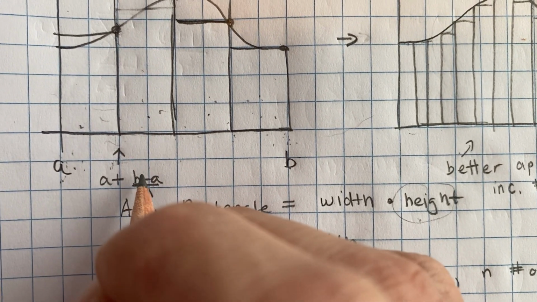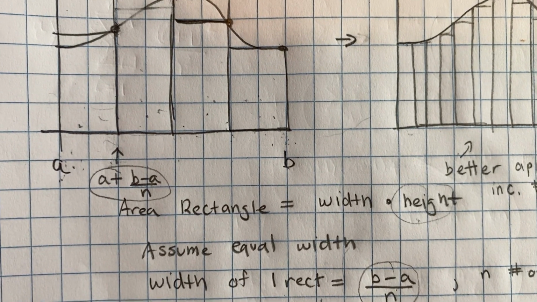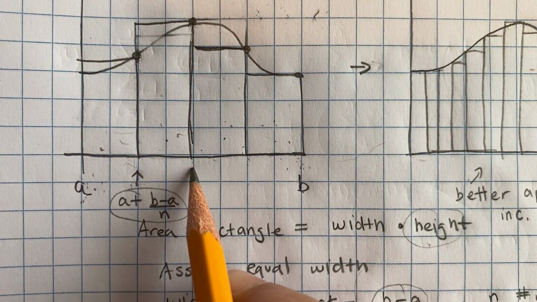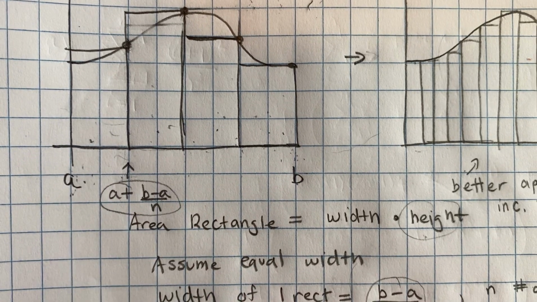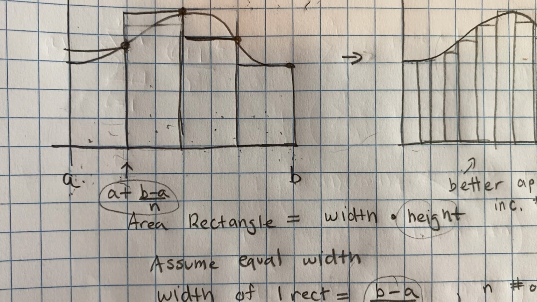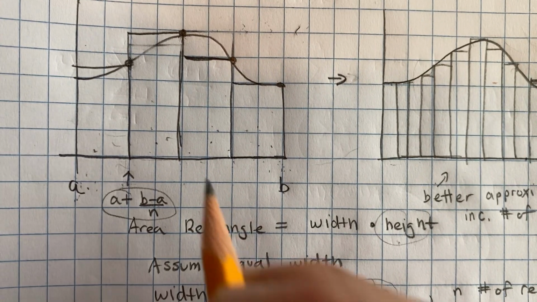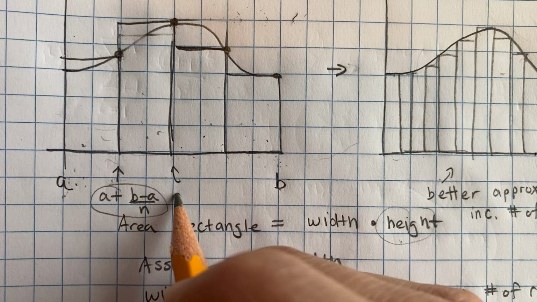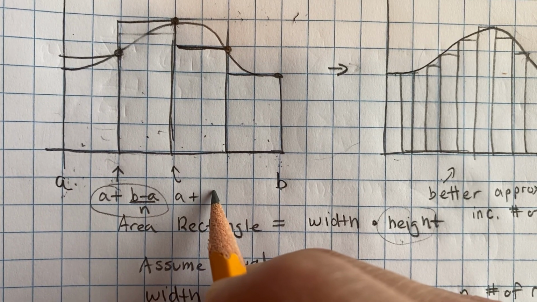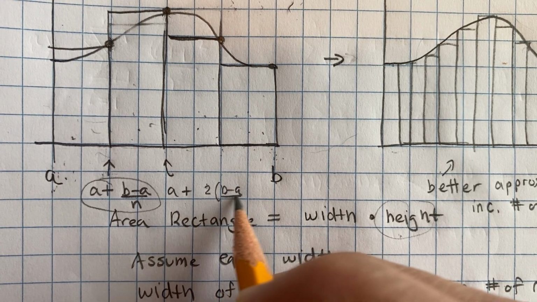Okay, so again, without any numbers, that's that x value, right? And if I ask you, what is this x value? Well, I just take this term and add a plus b minus a over n, right? So I would add another b minus a over n, right? This would be a plus 2 times b minus a over n, right?